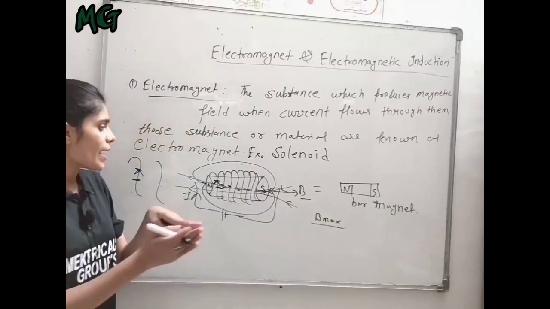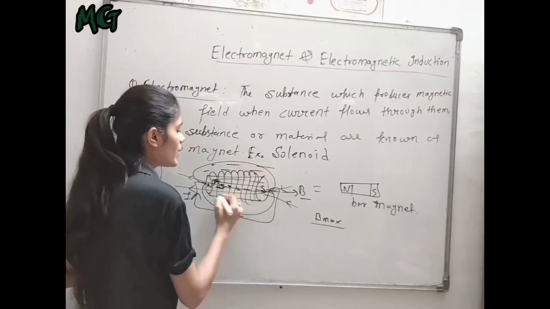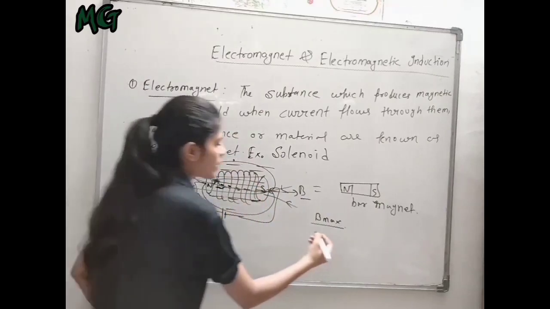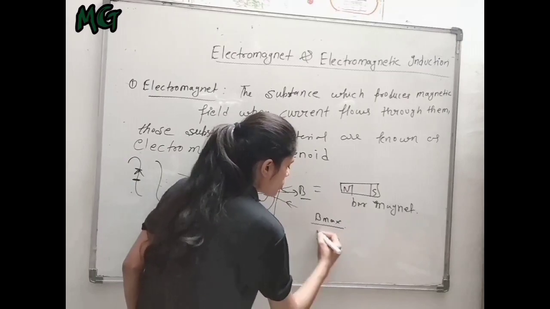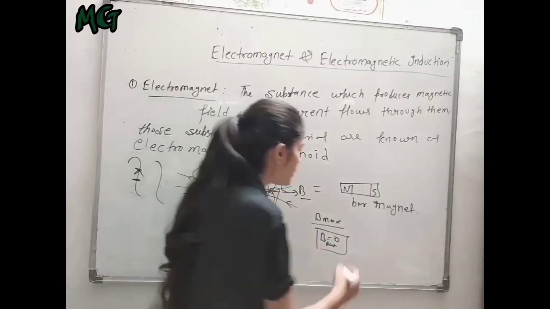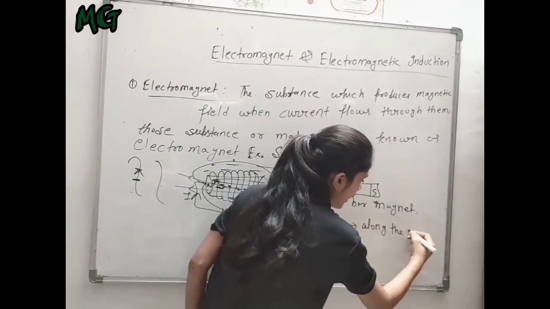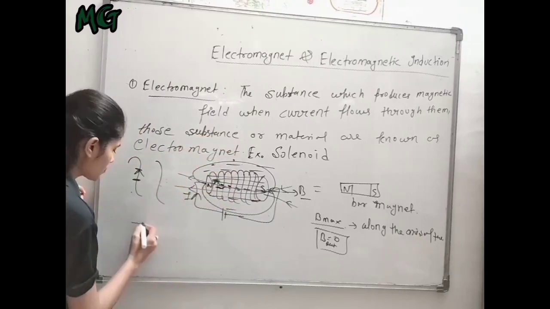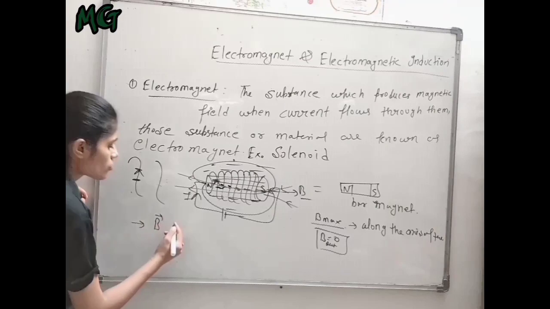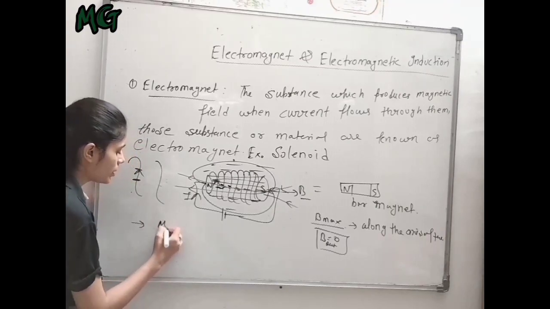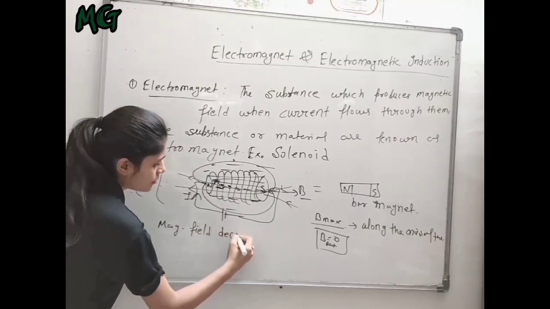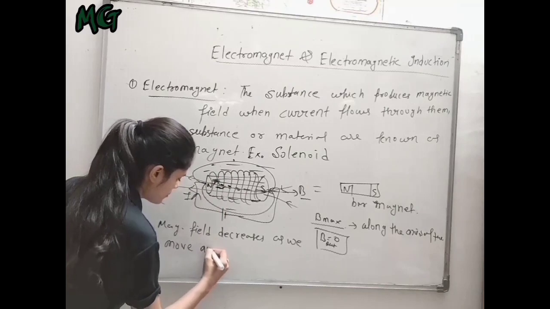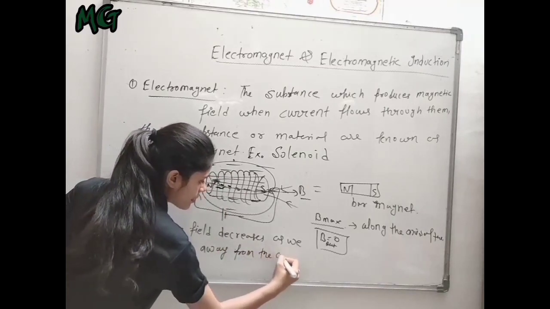Magnetic field is shown by B. So the magnetic field decreases as we move away from the axis.